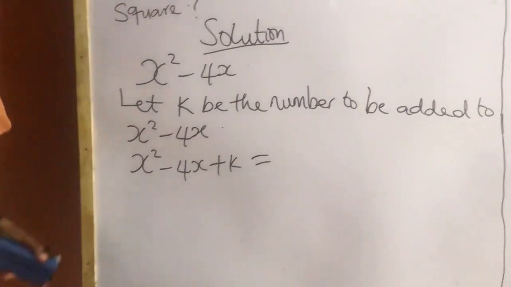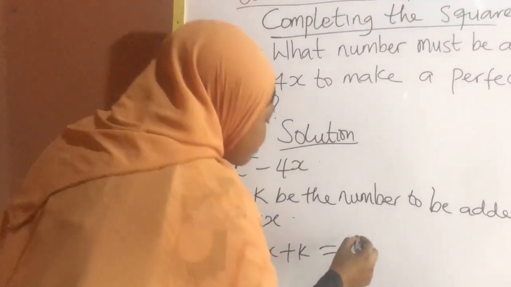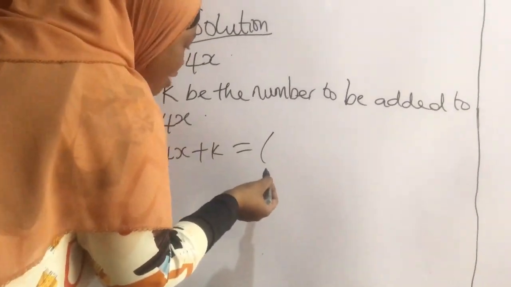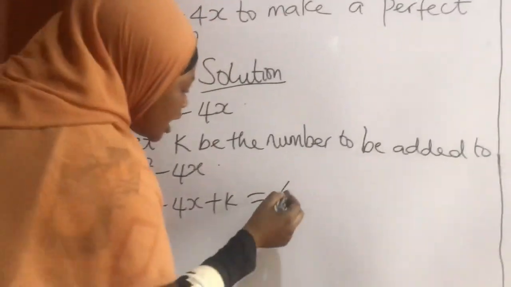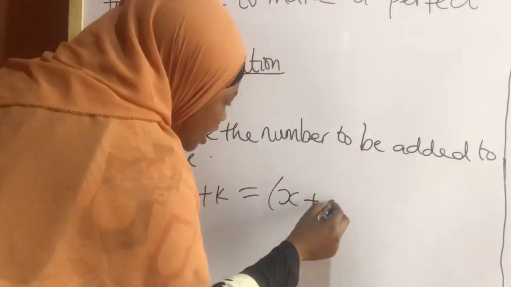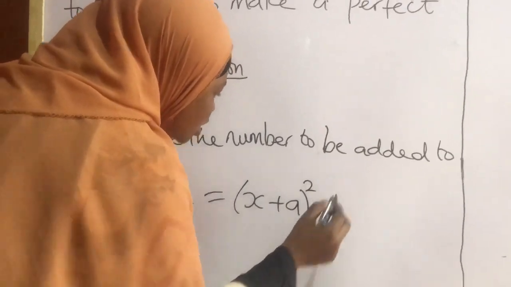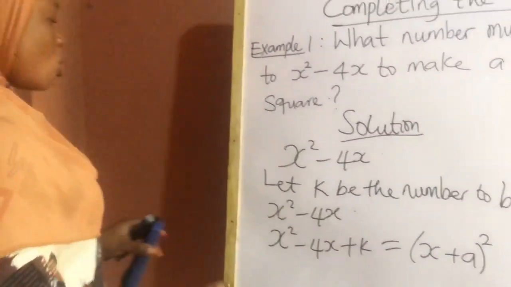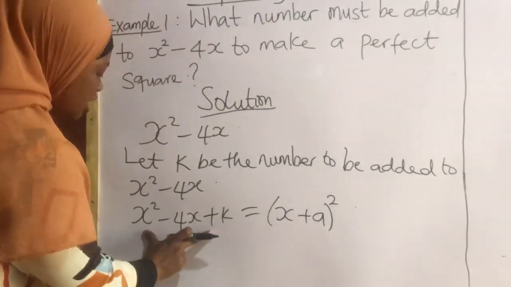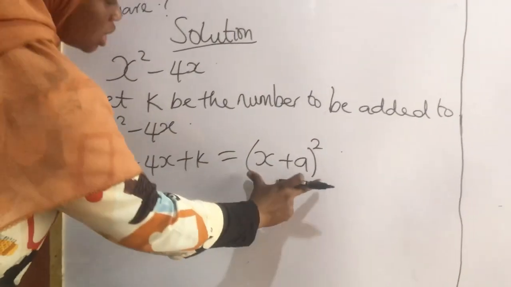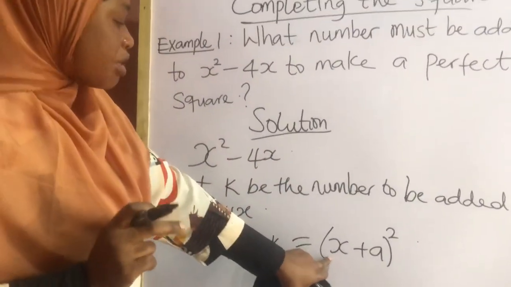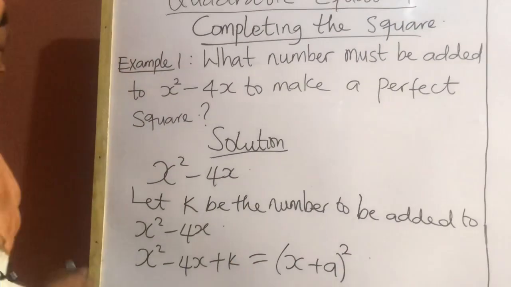Now, to make it a perfect square, I explained earlier that if we have any algebraic expression like x plus a, and then you square it, it is already a perfect square. So we want to make this expression a perfect square. That is where we equate this one to that one.